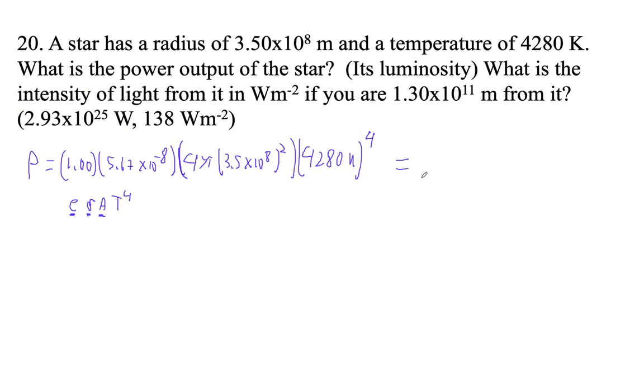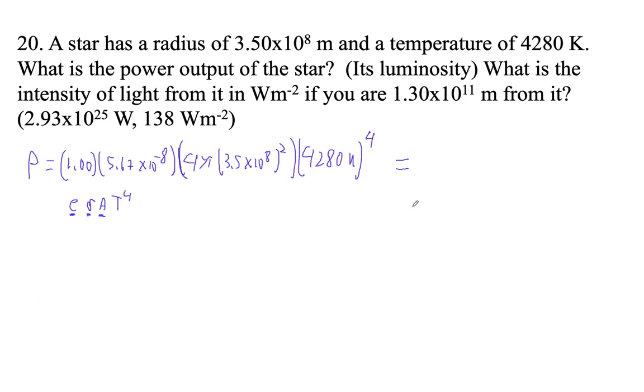So let's go 1 times 5.67 times 10 to the minus 8th times 4 times pi times 3.5 times 10 to the 8th, but don't forget to square that, times 4280 raised to the 4th power.